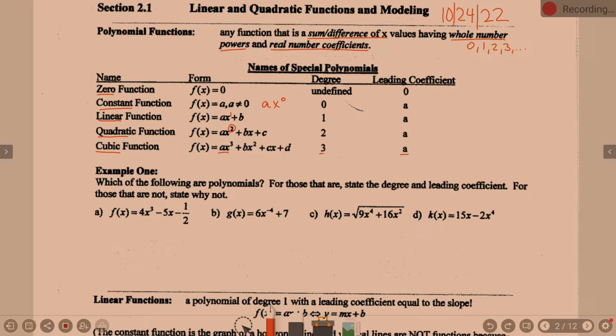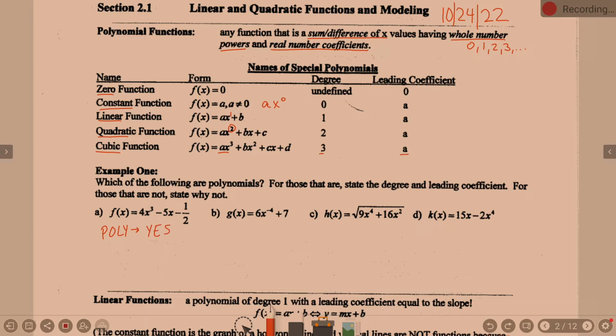Sum or difference of x values. So they're basically terms added and subtracted together. Do these terms have whole number powers and real number coefficients? Okay. So when we ask the question, is it a polynomial?